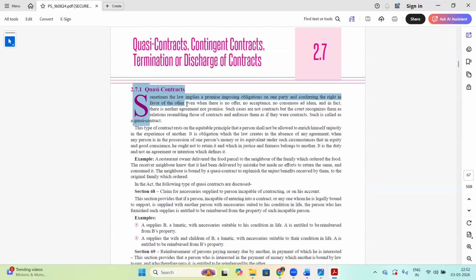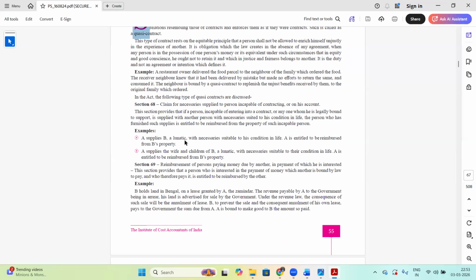What are quasi contracts? There is no explicit contract available, but based on the circumstances, a contract has been formed. For example, a person finds a purse in a bus. Even though there is no contract, an implicit contract has been enforced.